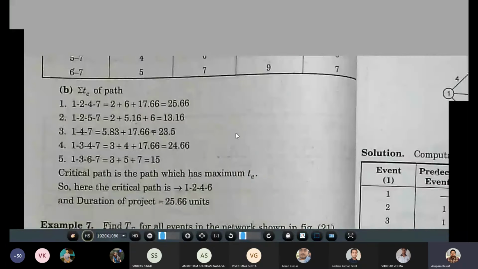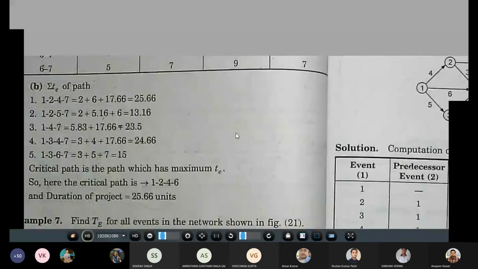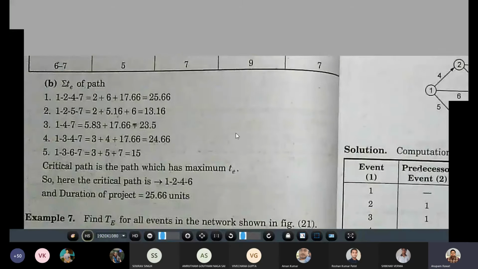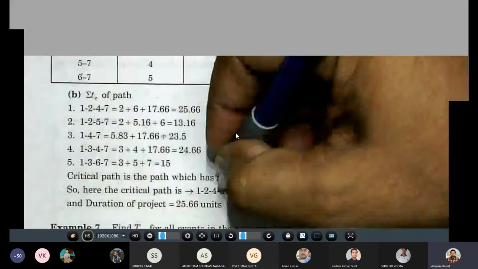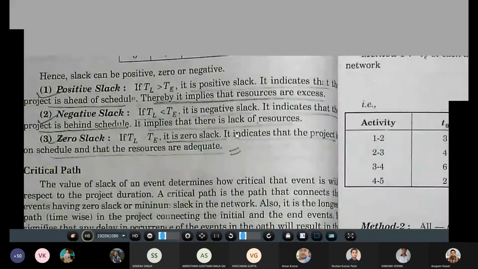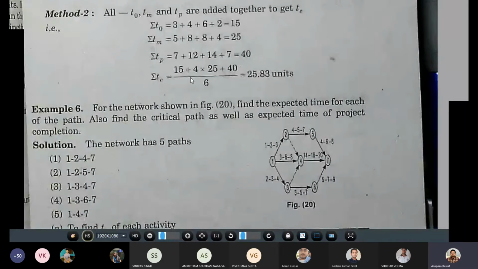So this is 1, 2, 4, 7. The critical path is 1, 2, 4, and 7. This is the critical path in this case.